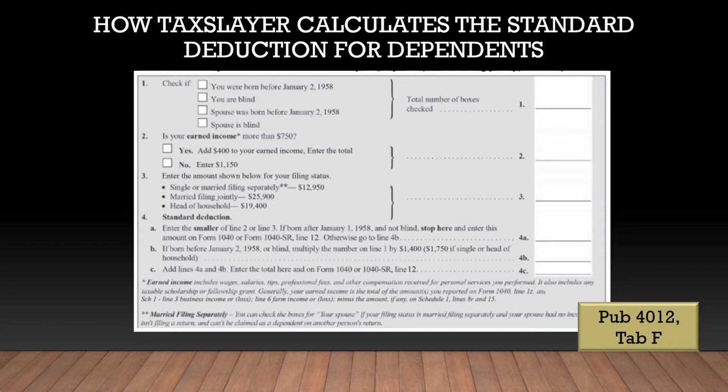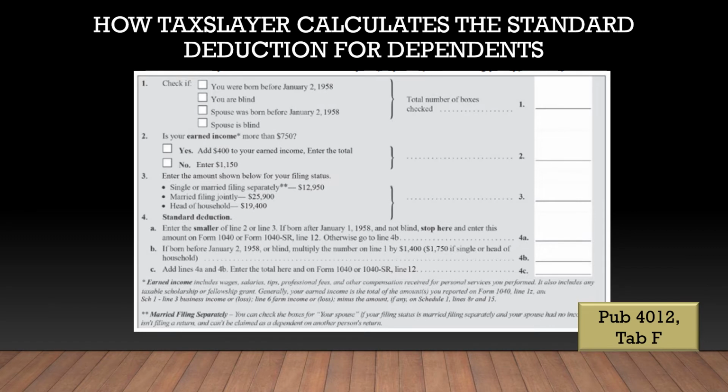But if you look at that standard deduction and think, that looks really low, it might be because a dependent's standard deduction will be their earned income plus $400 for 2022 returns, if their income is below the base amounts. However, if their earned income is below $750, their standard deduction will be $1,150. This means that for dependents, their unearned income will be more likely to be subject to tax than their earned income.